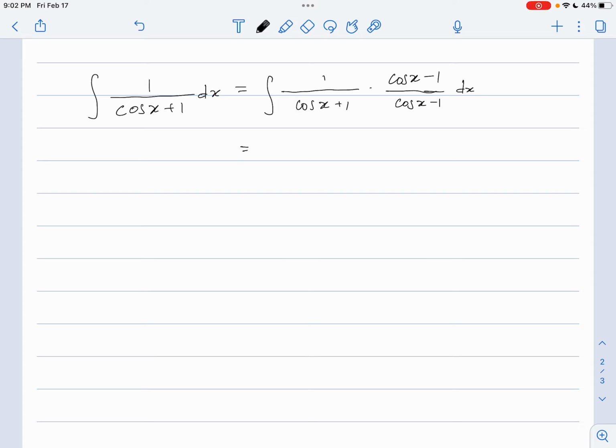From the rule that a plus b times a minus b equals a squared minus b squared, on the denominator we will get something like this, and on the numerator we will get something like this.